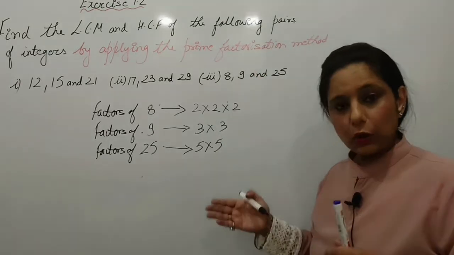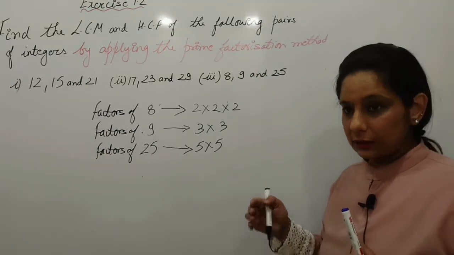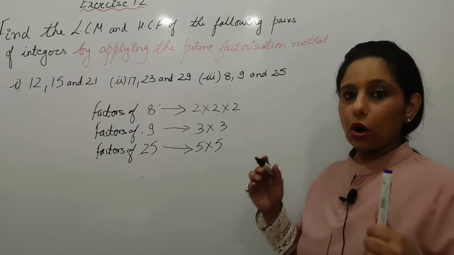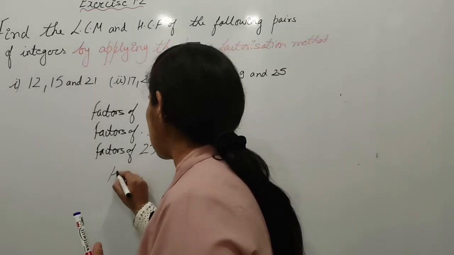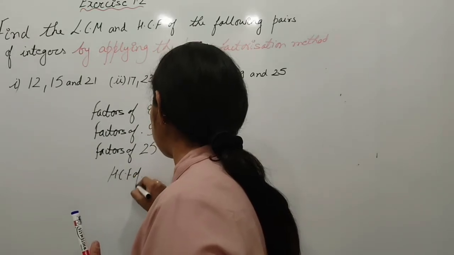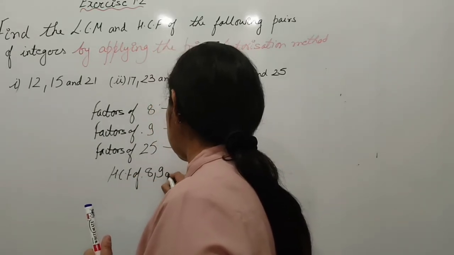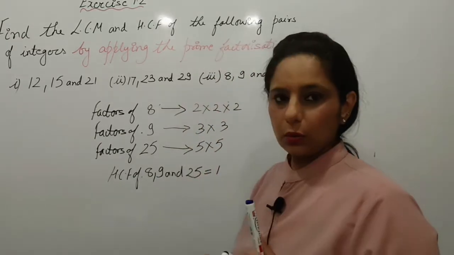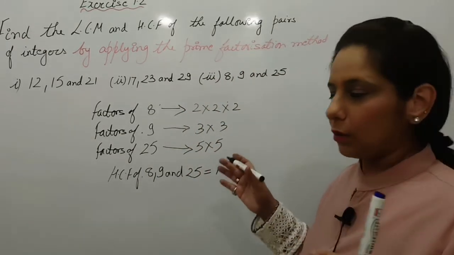Can you see any common factor between these? They all are composite numbers, but we cannot see any common factor between these. So the HCF of 8, 9 and 25 is equal to 1, as we cannot see any common factor.